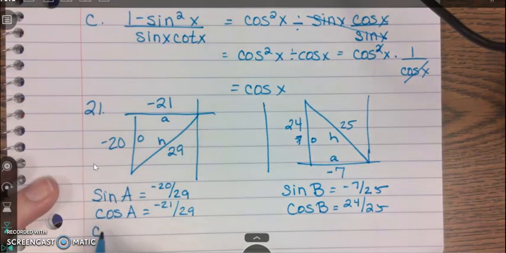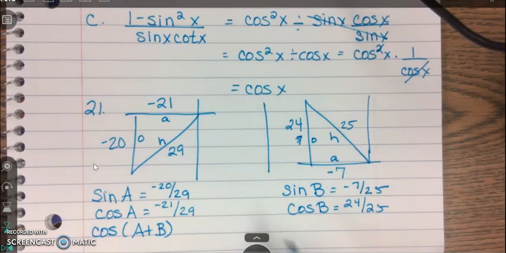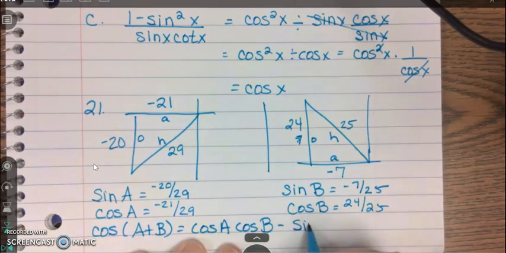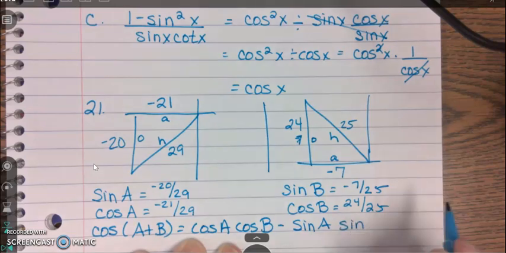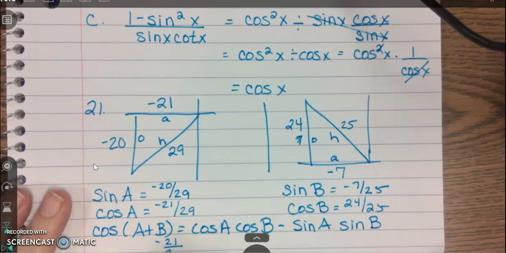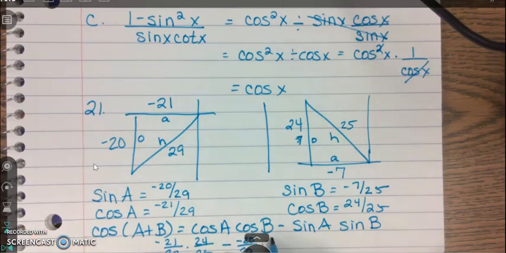So let's look at the question they gave us. So it's cosine of a plus b. So the formula is cosine, cosine, minus sine, sine. So cosine A is negative 21 over 29 times cosine B is 24 over 25 minus sine A, negative 20 over 29, and sine B, negative 7 over 25.